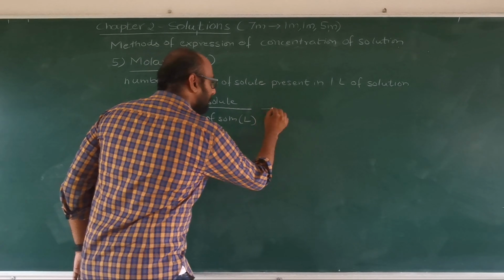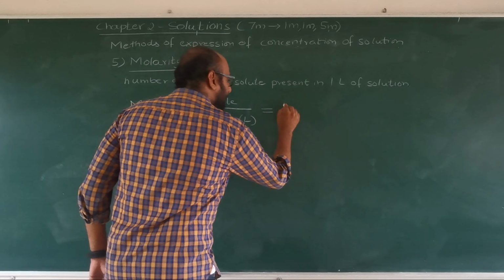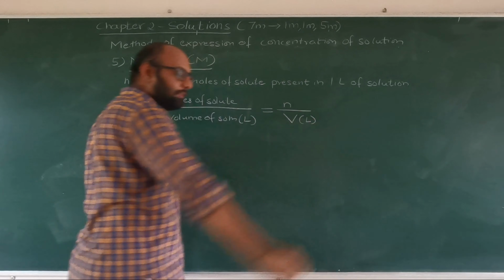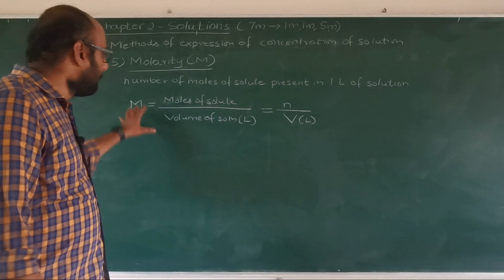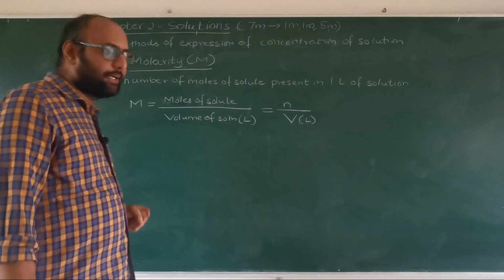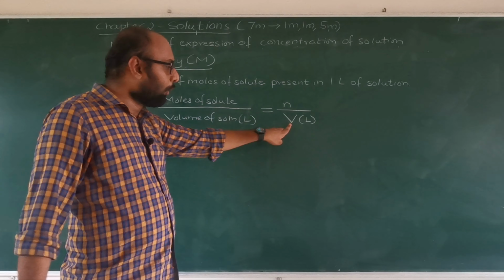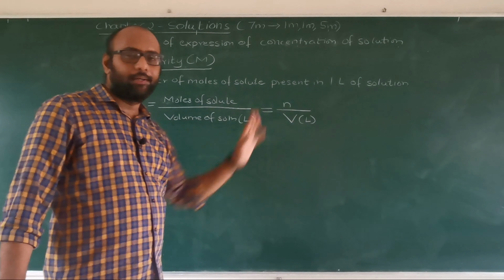Here, moles of solute we will be taking as n divided by volume of solution, we will be taking it as capital V in liters. So this is the formula of molarity. Number of moles of solute divided by volume of the solution in liters.